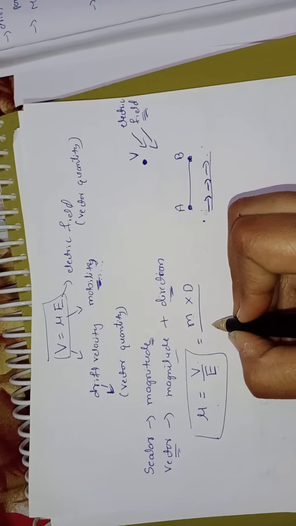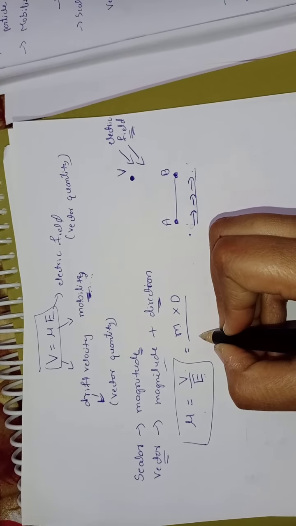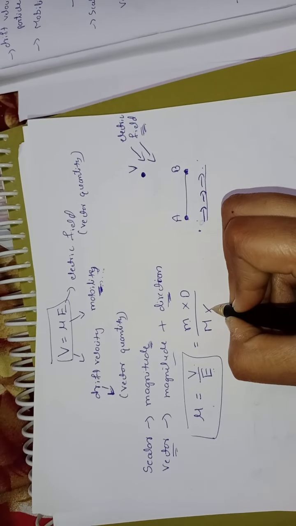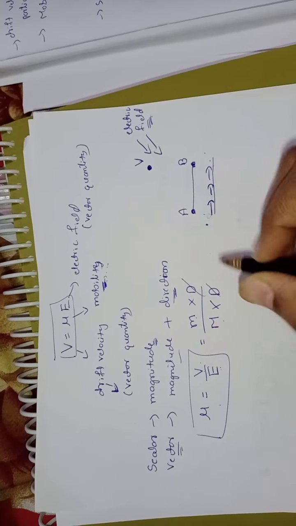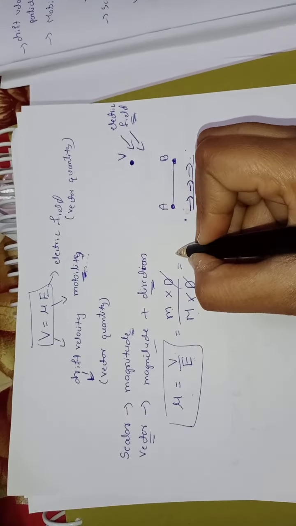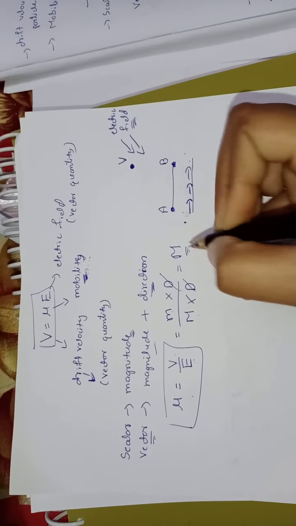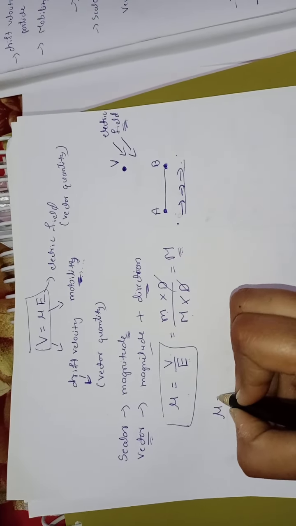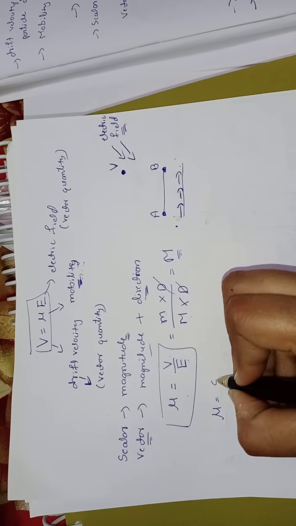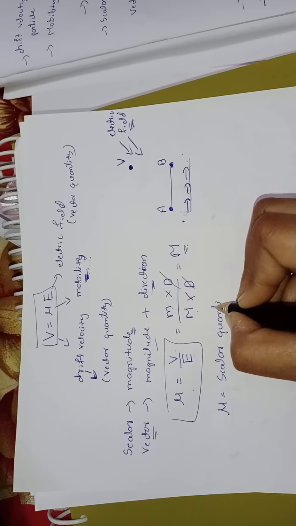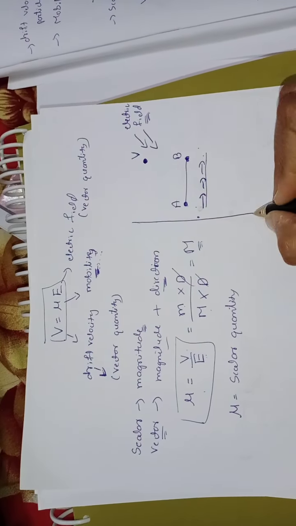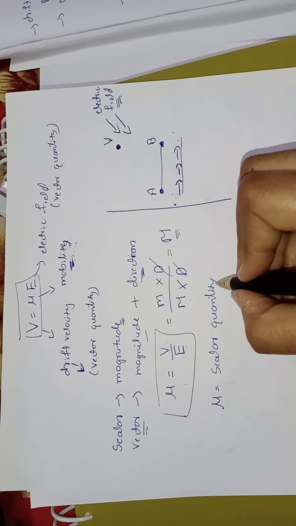And electric field is also a vector quantity. It also contains both magnitude and direction. If these two directions get cancelled, we'll get a magnitude value. That is, mobility is a scalar quantity.